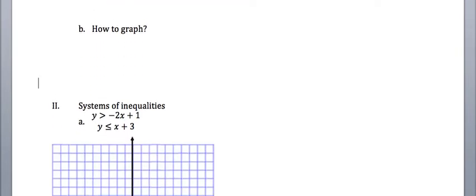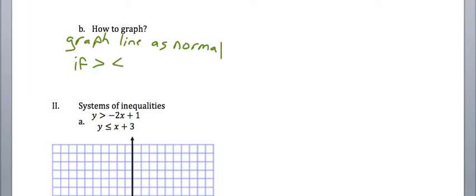Okay, so how to graph? It's really pretty easy. You graph the line as if it were an equal sign. Graph the line as normal. You could be using slope-intercept form, you could be making a table, you could be using point-slope form, whatever. Then, if it's greater than or less than, instead of drawing a solid line, you're going to draw a dashed line.